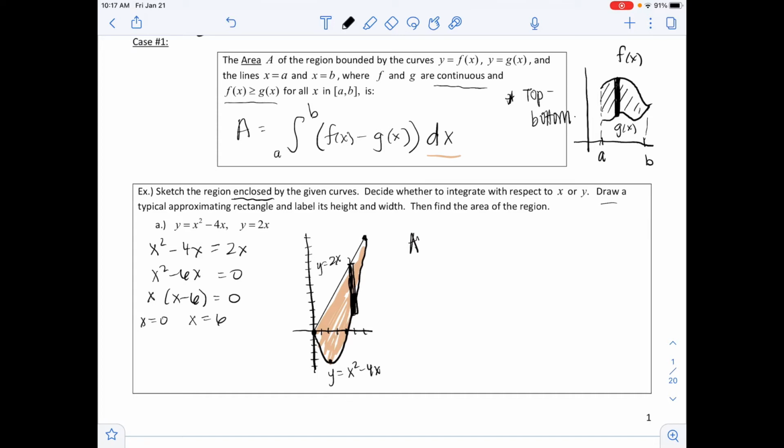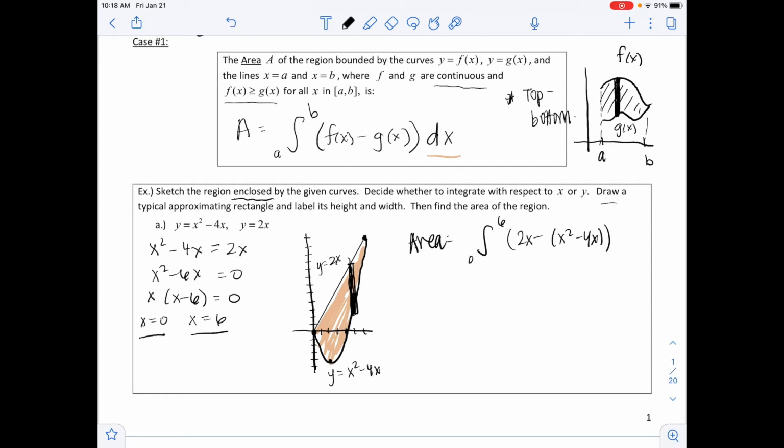We can calculate our area, which is going to be the integral from a to b. And our a value here is 0 and our b value is 6. So from 0 to 6 of our top function, and for this one it is 2x, minus our bottom function, which is x squared minus 4x.